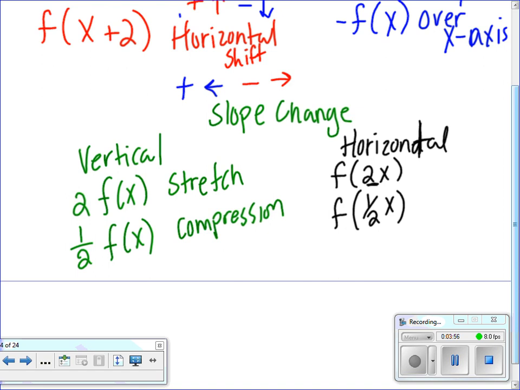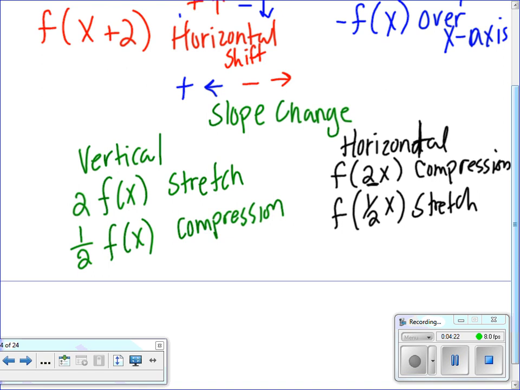If the number was larger than 1 on this one, it was a compression. You're compressing it toward the y-axis. Or it's a stretch if it's a fraction, and you're stretching it toward the x. So those were our 6 really different types of transformations.